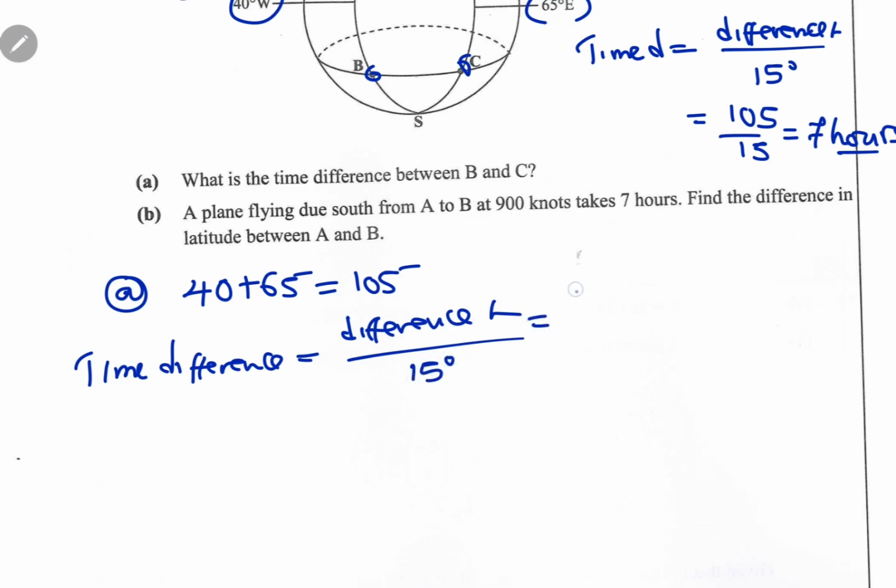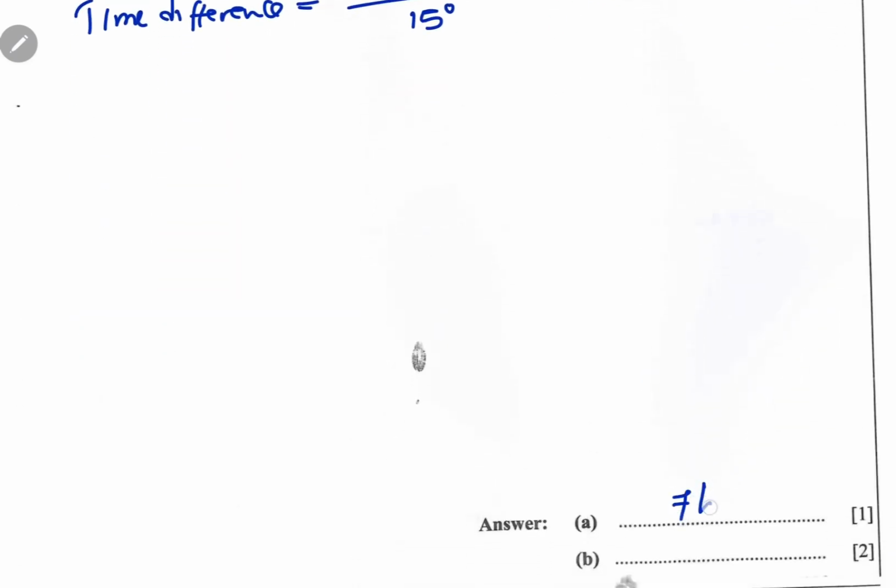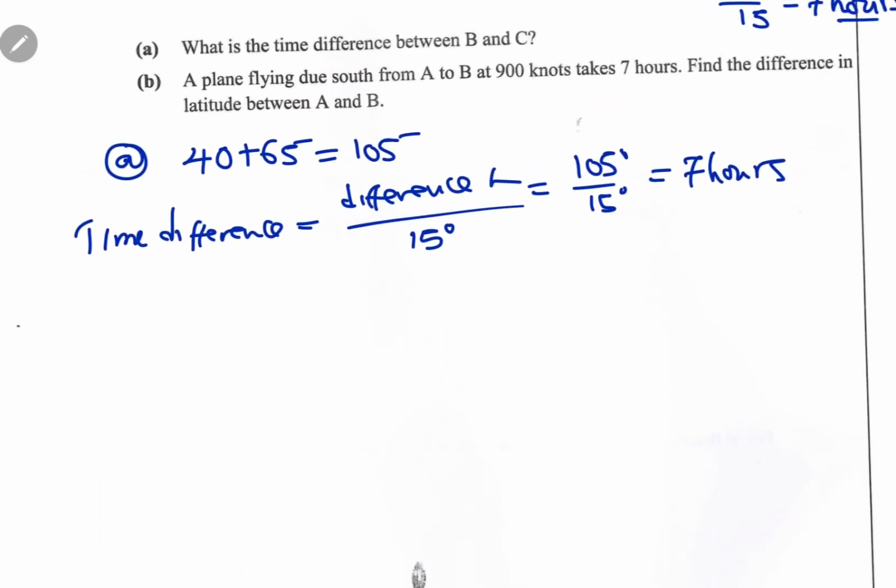So that is going to give us 105 divided by 15, that is 7 hours. So the time difference is 7 hours, and we can put it there. I urge you to put the answer immediately you find it, because after calculating, you might leave without recording your answer.